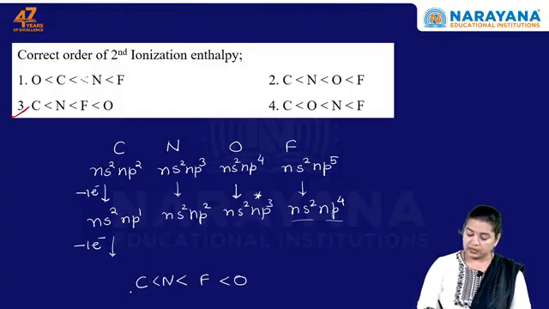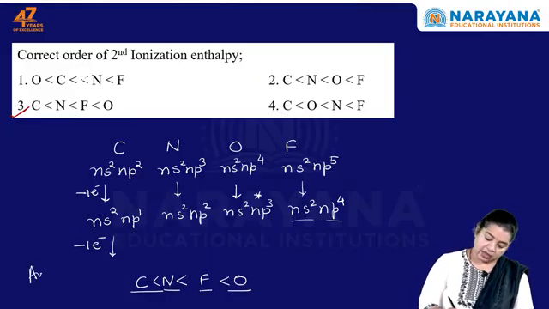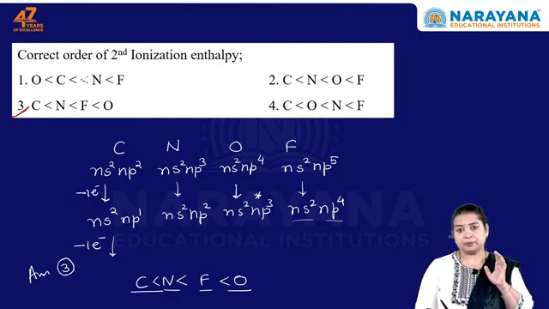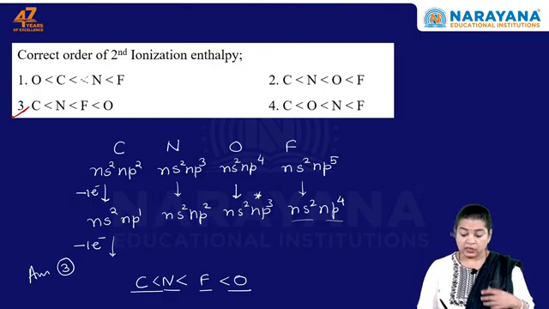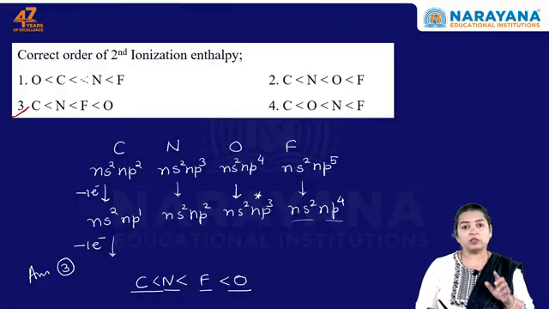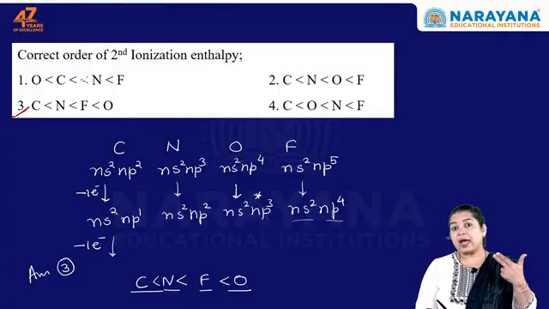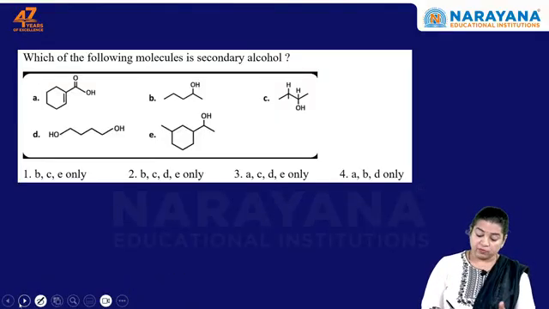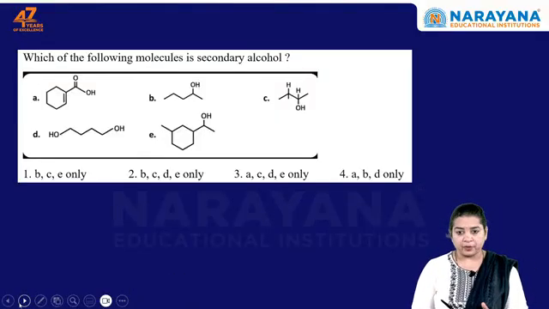So the order is carbon, nitrogen, fluorine, oxygen, and therefore the answer for this question is third. I'll grade it as a good question, and we need to take care of all the possible configurations and then what will be the effect of releasing the electron.